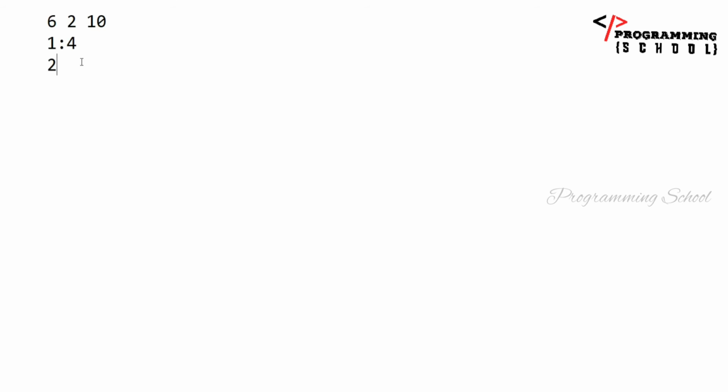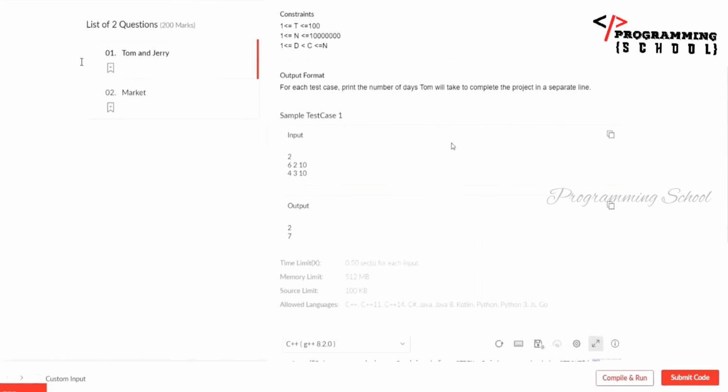Coming to day 2, 4 is already done, and now Tom completes 6 units, so 4 plus 6 makes a total of 10 units of work done, which equals the total units. That's why it is completed in day 2, and the output is 2.